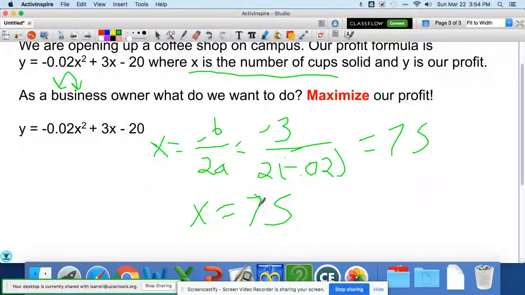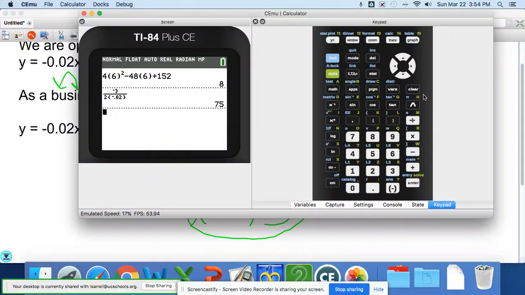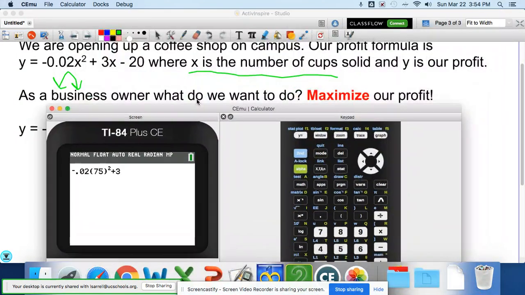Let's take 75, because that's our x value, and let's plug it in to our standard form in both places. Certainly don't want to find yourself doing that one by hand, so let's use a calculator. Negative 0.02 times x, which we found to be 75 squared, plus 3, and I'm just going straight from this formula, guys, okay?